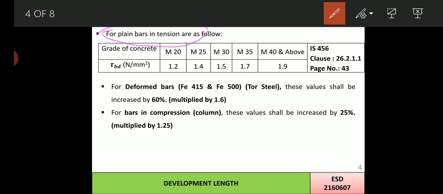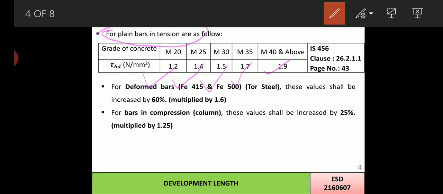It changes as per the grade of concrete. For example, for M20 grade the value is 1.2, M25 1.4, for M30 1.5, for M35 1.7 and for M40 and above the value of tau bd is 1.9. So these values of tau bd are for the plain bar and the bars which are in tension.